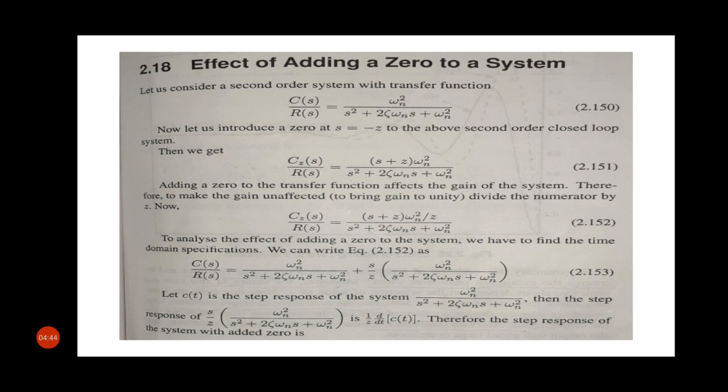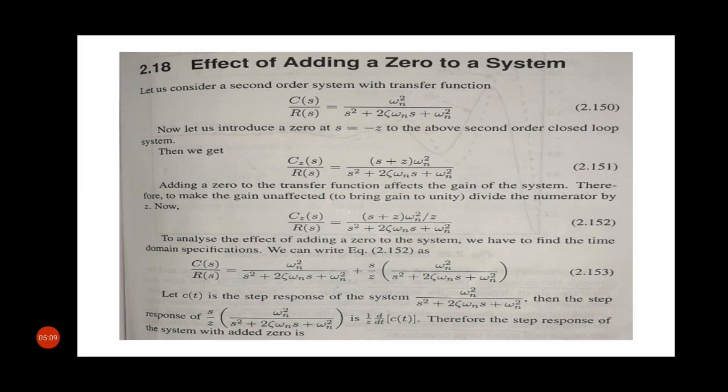Let c(t) be the step response of the system omega n square divided by s square plus 2 zeta omega n s plus omega n square. Then the step response of s by z into omega n square divided by s square plus 2 zeta omega n s plus omega n square is 1 by z d/dt of c(t).